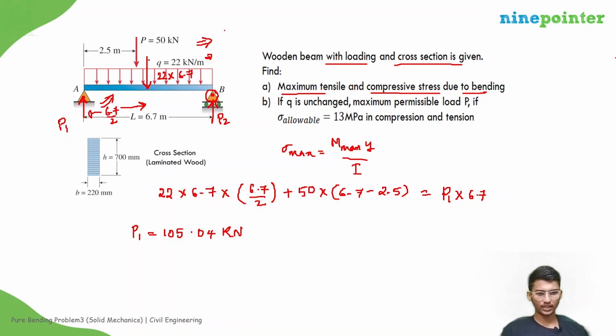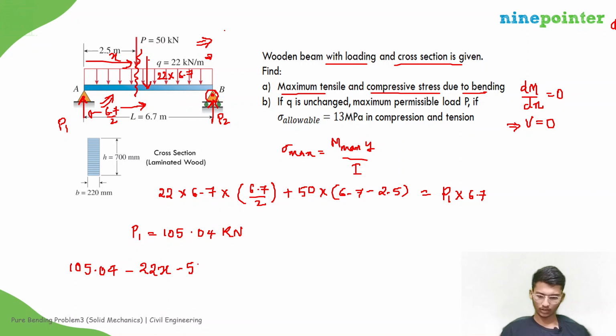So for M max, dM by dx should be 0. That means V is equal to 0. Okay. Let us take a cross section. Then we get P1, 105.04 minus, this is at distance x, then that will be 22x minus 50 is equal to 0.